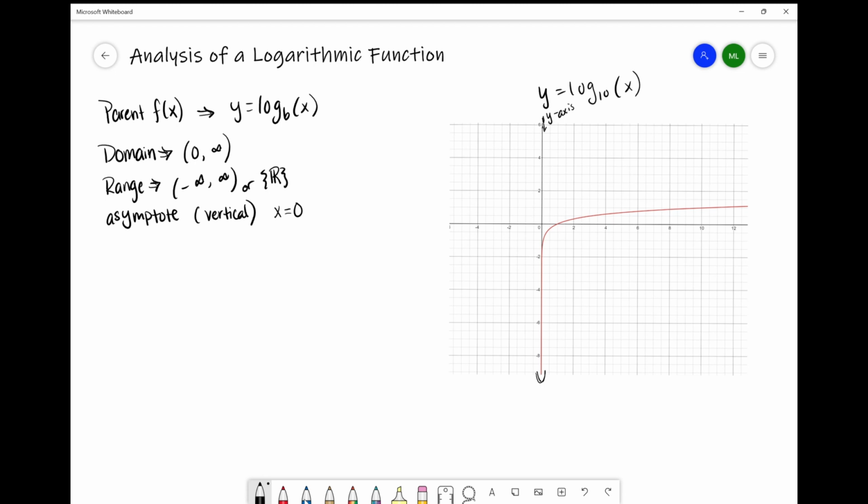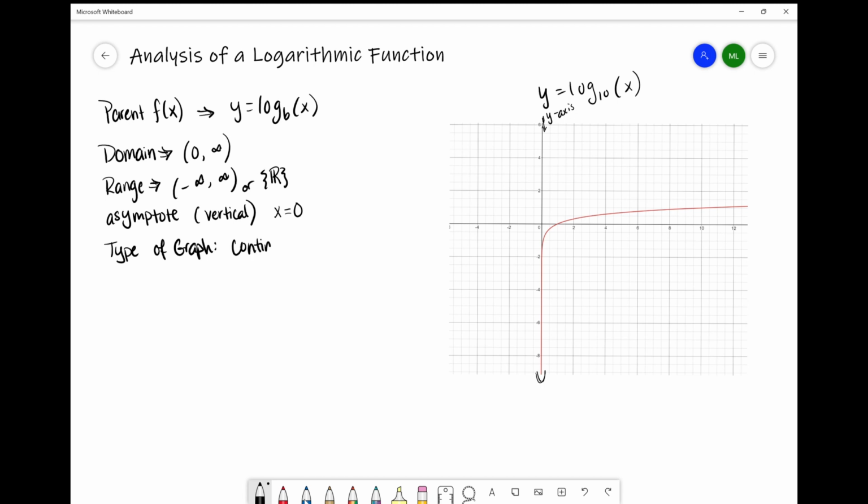Then the type of graph we have is a continuous function. It's continuous on all the points. All those points in our domain are included.